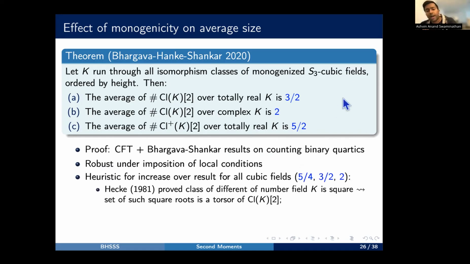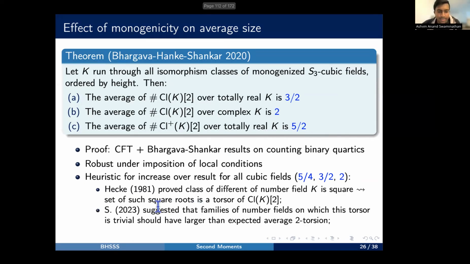I should explain why the averages increase over the Malle predictions. There are some heuristics for this. Hecke in 1981 proved a famous theorem, which is that the ideal class of the different of a number field is a square. In particular, the set of square roots of the class of the different is a torsor of the two-torsion in the class group. In my thesis, I suggested that if you look at a family of number fields on which this torsor is trivial, then you should have larger than expected average two-torsion, and I gave some numerical and theoretical evidence for this.